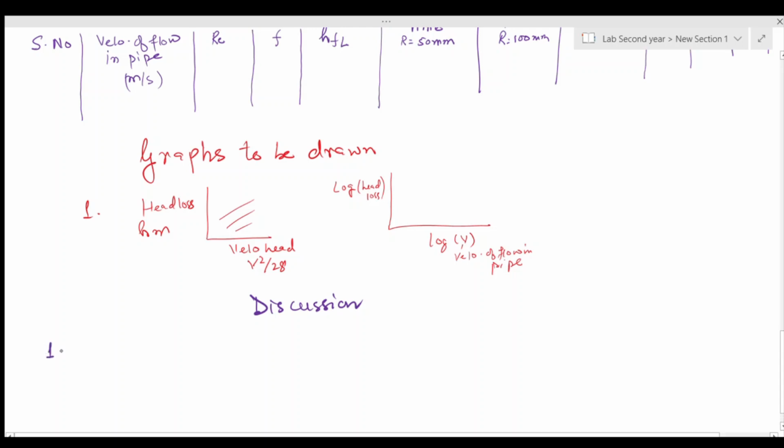So the first discussion which we need to do is just like for the sudden contraction and expansion. Discuss the physical significance of the experiment.